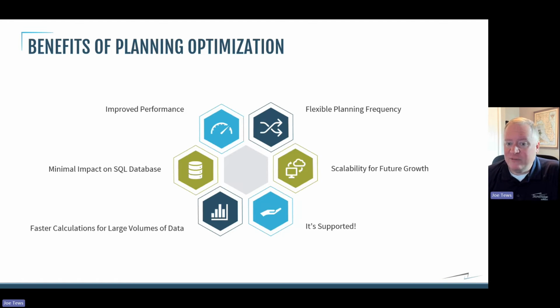Finally, we have scalability for future growth. As your business continues to grow, the planning system is not going to be overloaded. Planning optimization ensures that future business expansion is not going to strain the system. And finally, again, another benefit that we've talked about is planning optimization is supported.